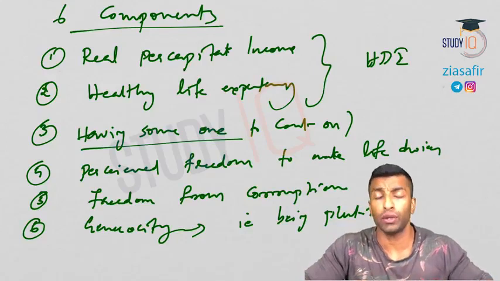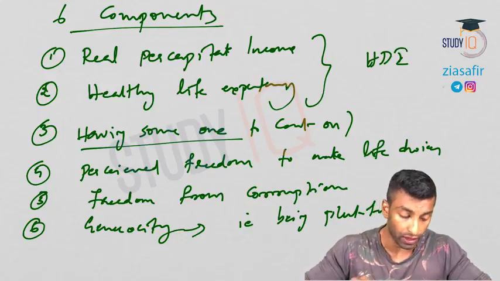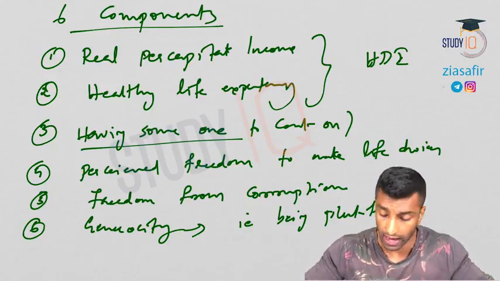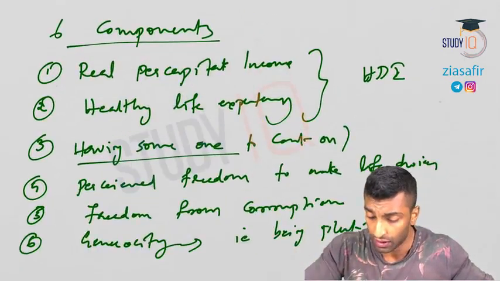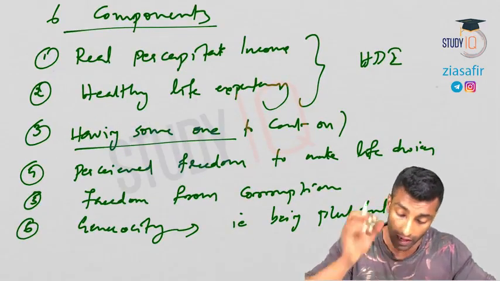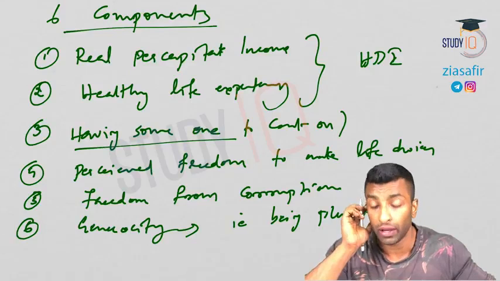This is not generally used because it is very much subjective. World Happiness Report 2016, India's rank was 118. So you can update these values. So not generally use this one.